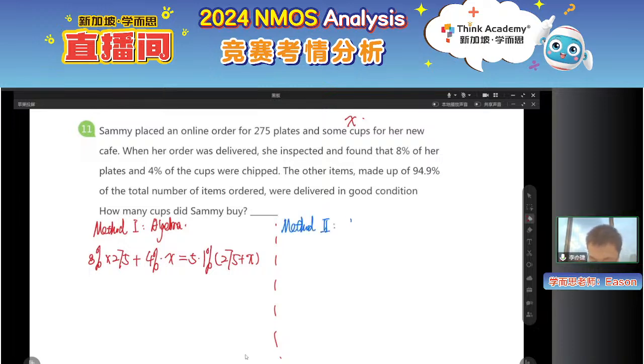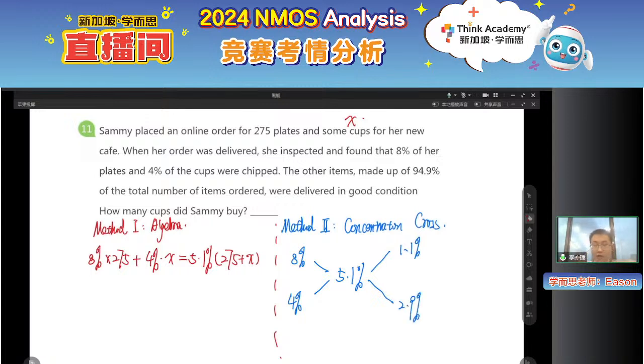Which is the concentration cross. Now we know that 8% of the plates and 4% of the cups totally made up 5.1% of the total. So we just get the concentration differences, which are 1.1 and 2.9. The difference ratio equals the amount ratio.